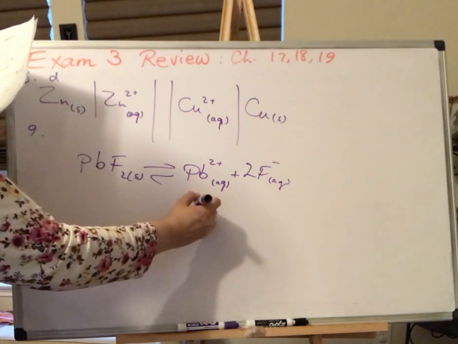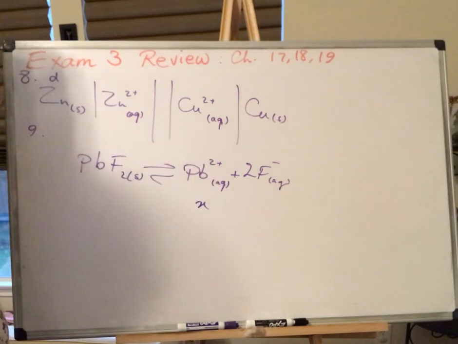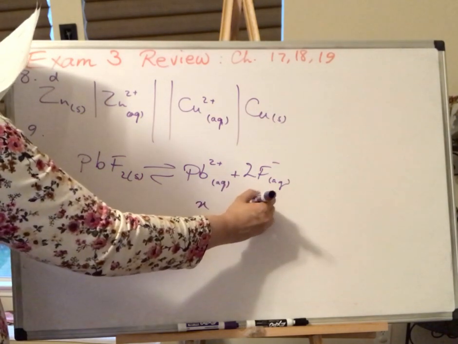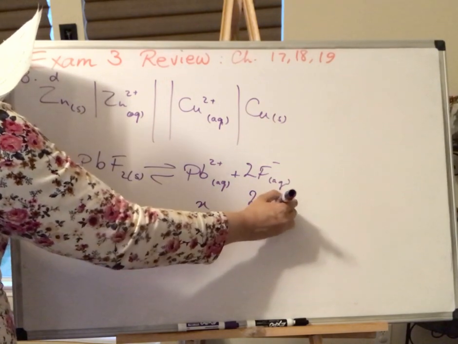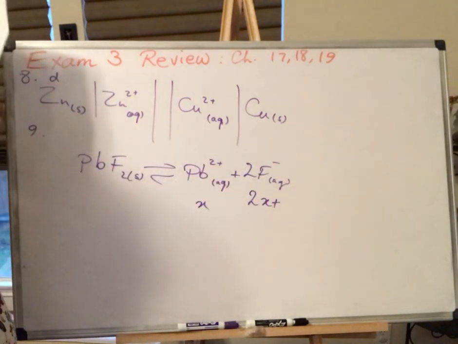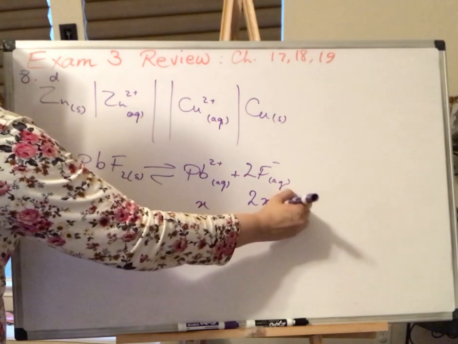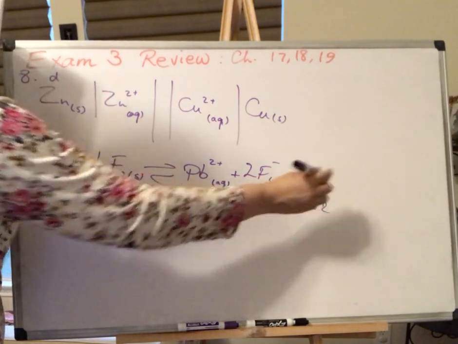So we have a concentration X for Pb, and for F we have 2x, but you have a common ion which is fluoride and its concentration is 0.32.